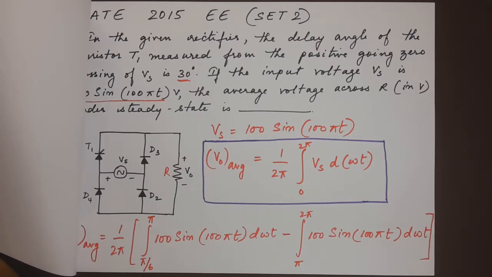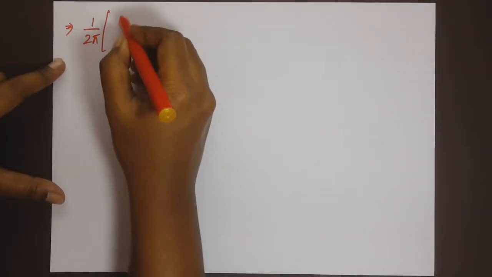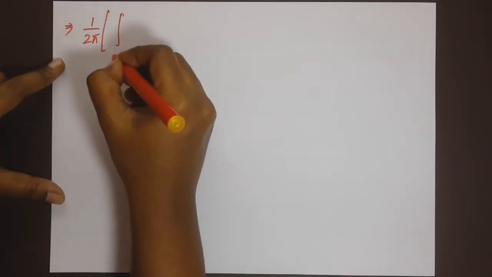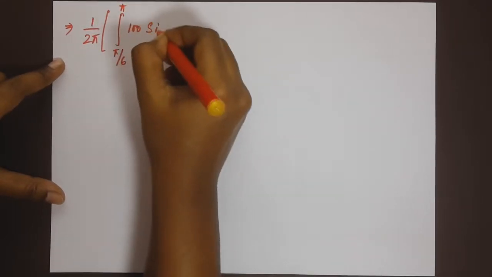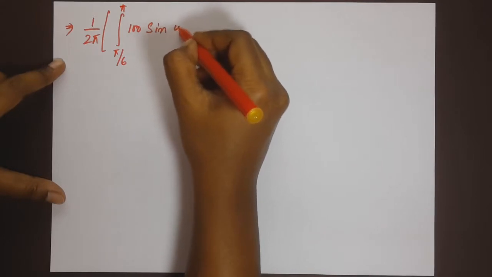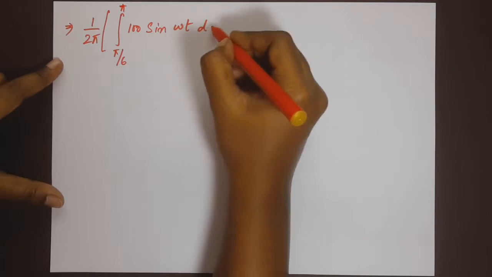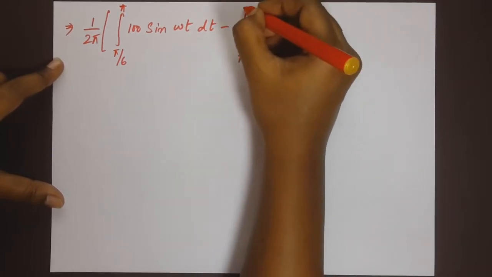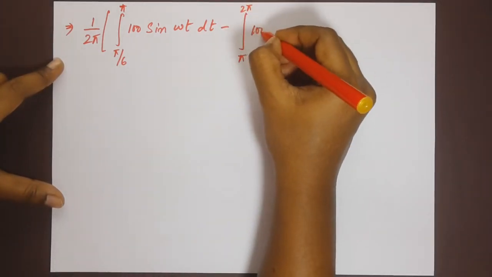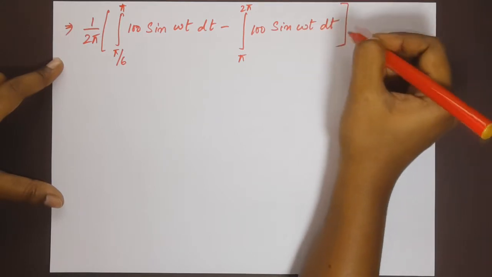Let's write 100 pi t as just omega t. That would make it a little simpler to write down the expression. So this is integral pi by 6 to pi 100 sine omega t dt minus integral pi to 2 pi 100 sine omega t dt.